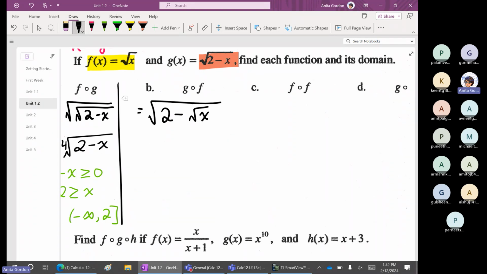Okay, this one is complicated because we have a double root that we can't combine into one thing. We're going to use the same strategy. 2 minus root x must be greater than or equal to 0.